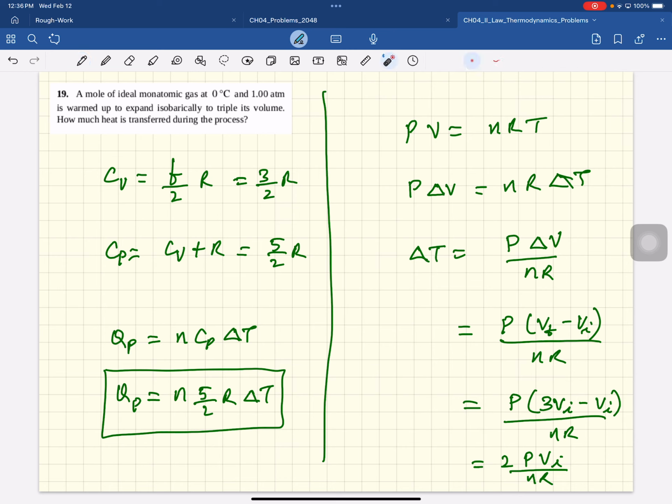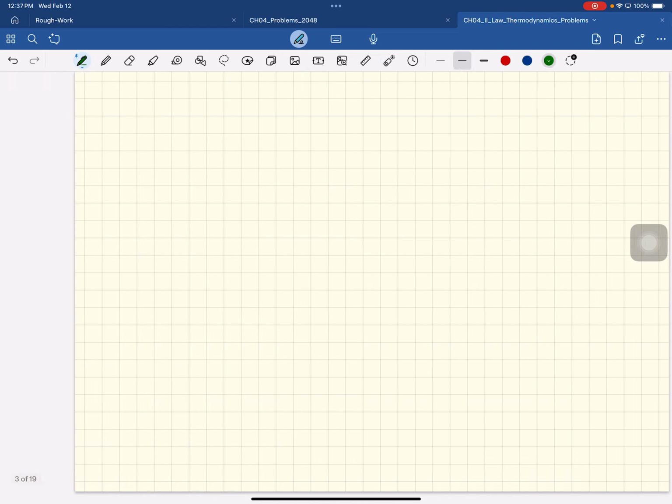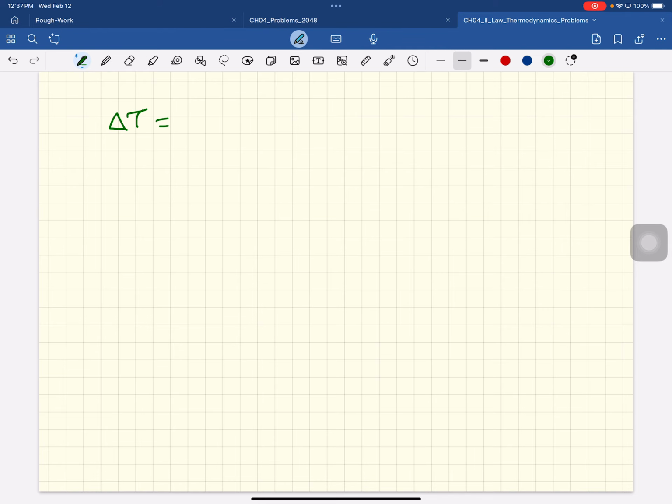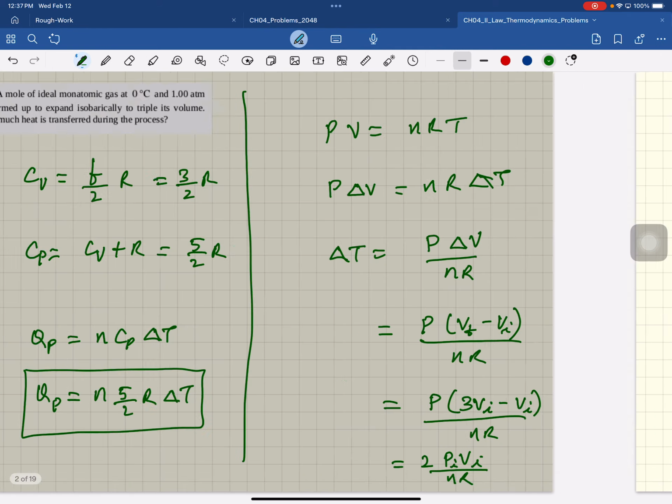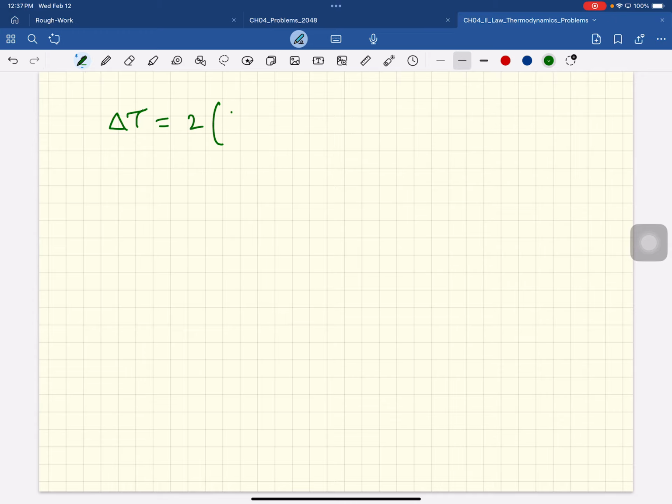The pressure remains constant, so the change in volume is 2 times the initial volume. And PVi over nR is the initial temperature, which is given to be 0 degrees Celsius. So delta T, the change in temperature, works out to 2 times PVi over nR, which is 2 times Ti.